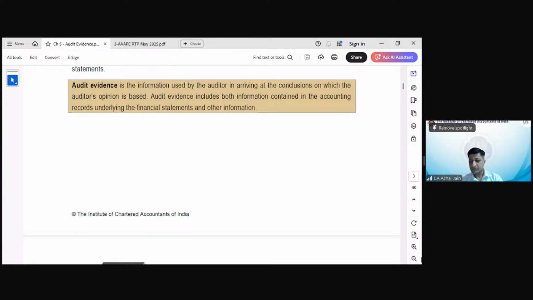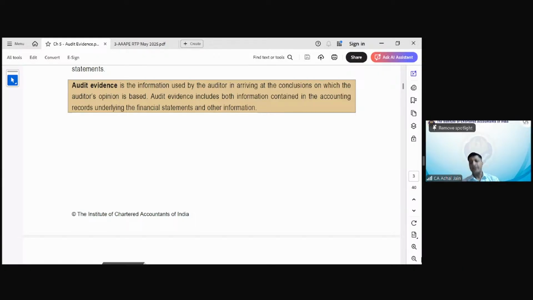Now, if there are a lot of inventory items, then the auditor will pick up a few samples. For some of those samples, the auditor will check these NRVs, the calculations.